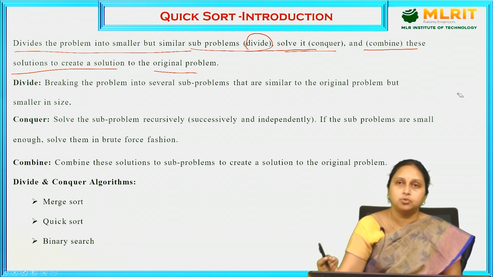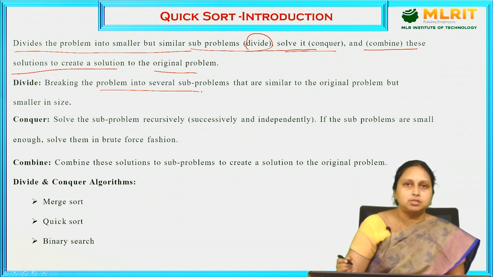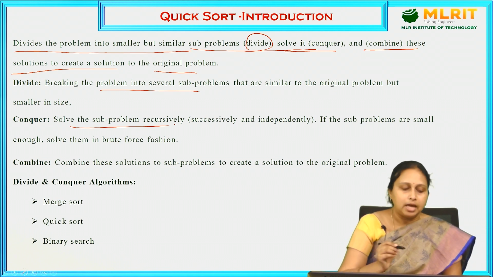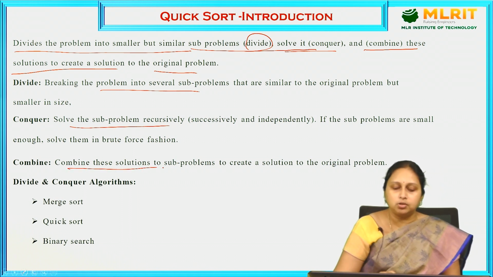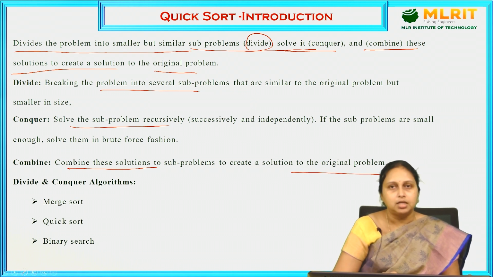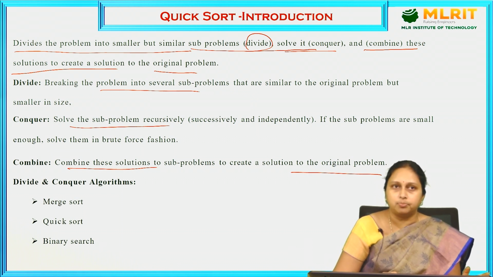The same thing: dividing the problem into several sub problems, then solving the sub problems recursively, and then finally combining those solutions to create a solution for the original problem. This is called the divide and conquer approach.